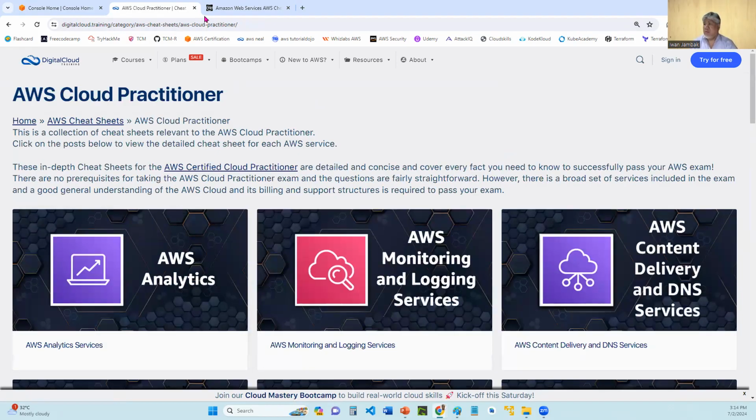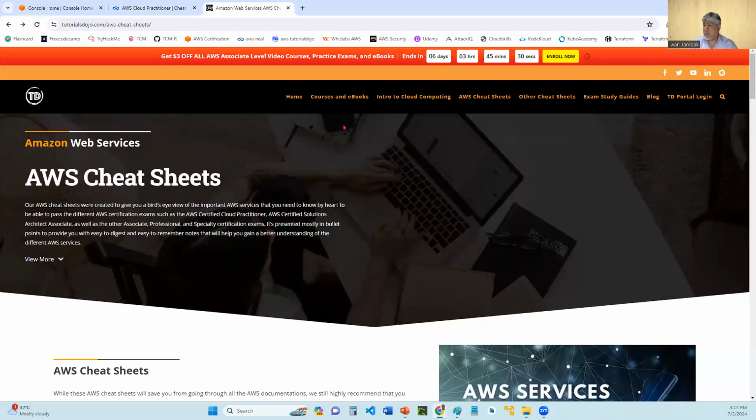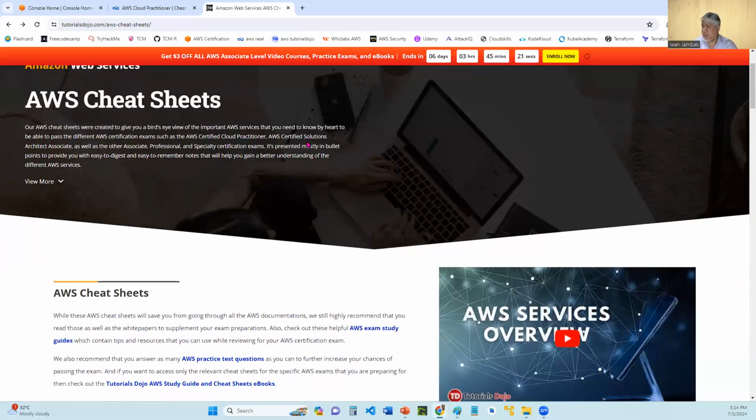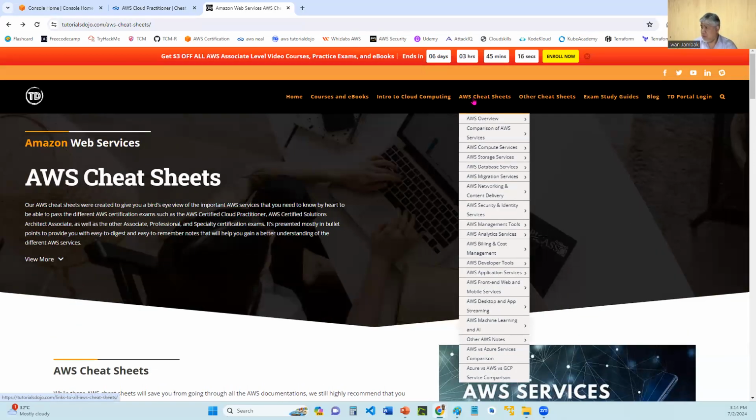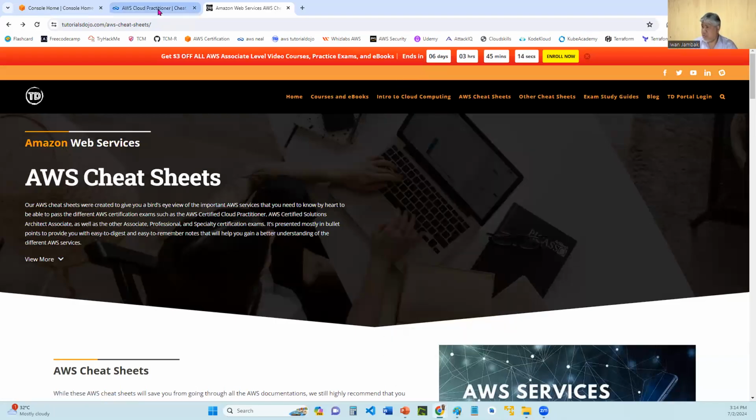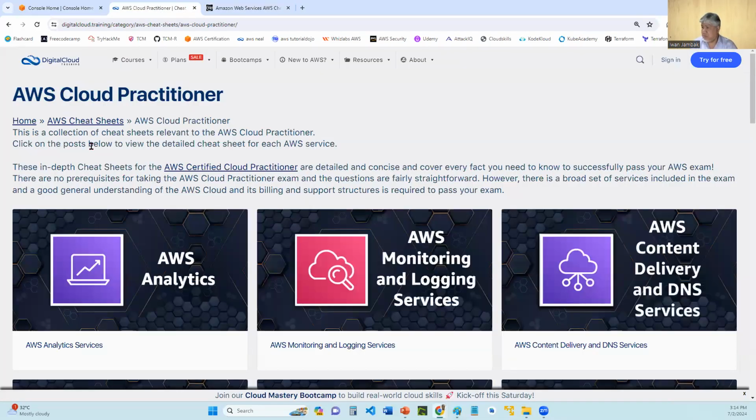The other one is Tutorial Dojo. This is, I think, the best well-known exam practice. Here there is also a cheat sheet. It is not organized like the one from Neil Davis.